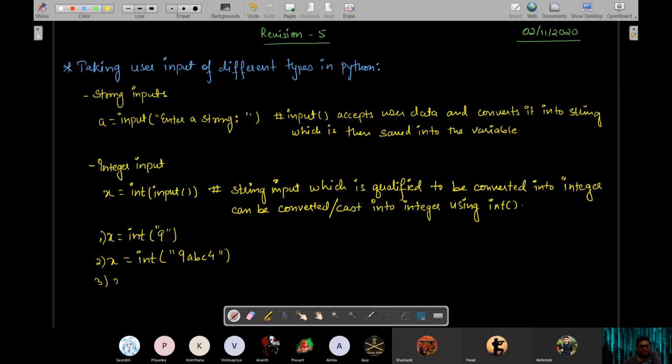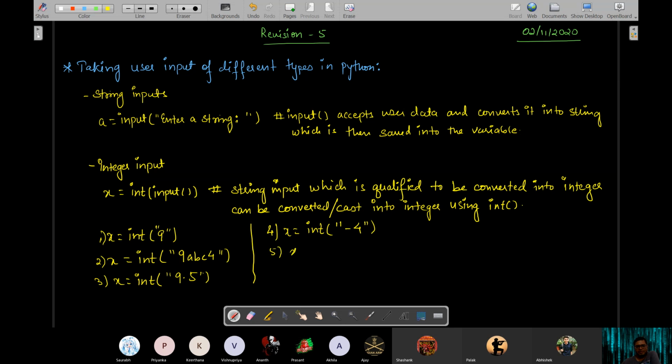Third is int, user gives 9.5. Fourth condition, the user gives, and after conversion by input, the thing becomes -4.